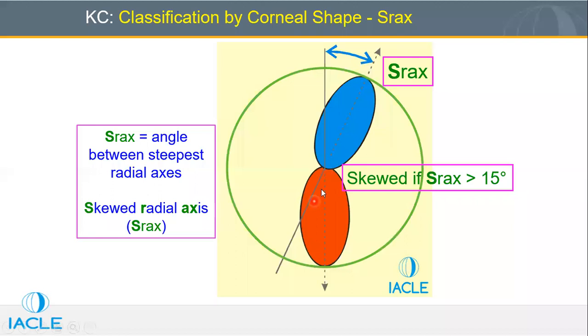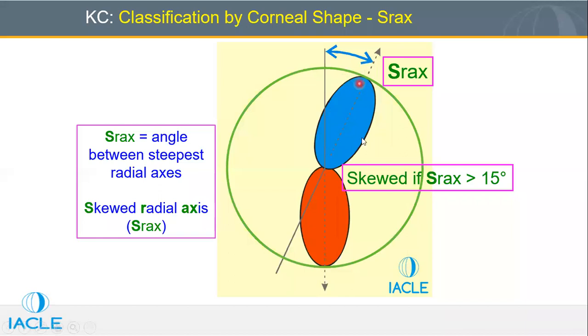Skewed radial axis means the inferior bow tie axis is different, and the superior bow tie axis is different. So the inferior bow tie axis is around 90 degrees, and the superior bow tie, this steepening axis, is skewed. How much is it differing from the central vertical?